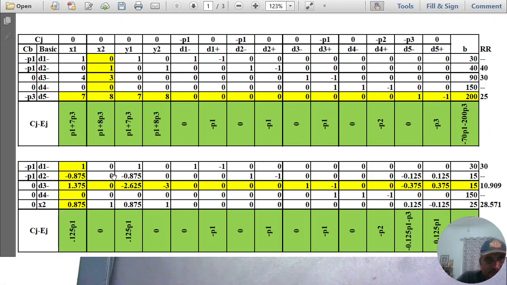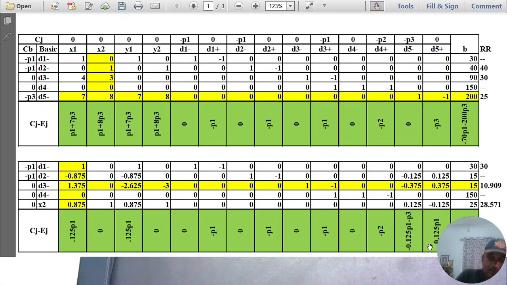That will get you 0 here. Then for getting 0 here, it will be R3 minus 3 times this row. That's how we transform, and we get the whole simplex table. Here once again we find Cj minus Ej. This is 0.125 p1, this is 0.125 p1, this is minus p1, in between there are zeros, and lastly that is 0.125 p1, right?